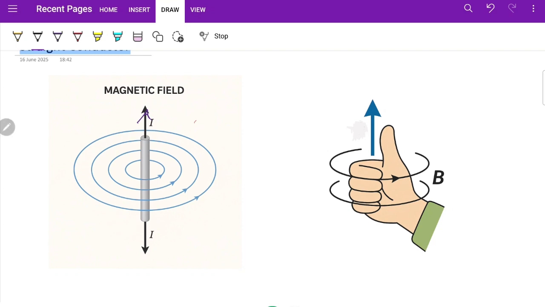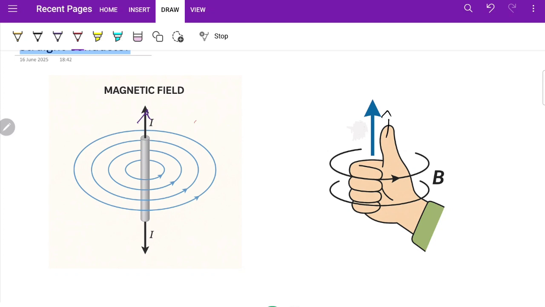So if the conductor carries a current in upward direction, what is the direction of the magnetic field? According to the right hand rule, if we hold the straight conductor using our right hand, with the thumb in the upward direction, that is the current carrying direction, then the curled fingers of the hand represent the magnetic field.